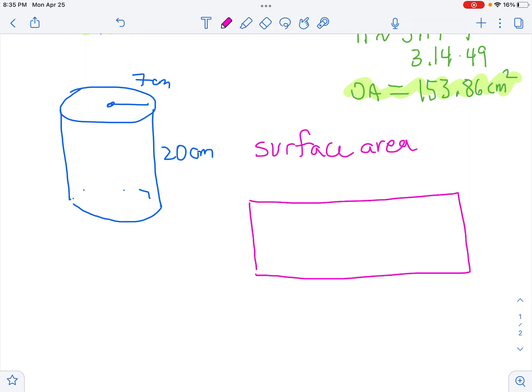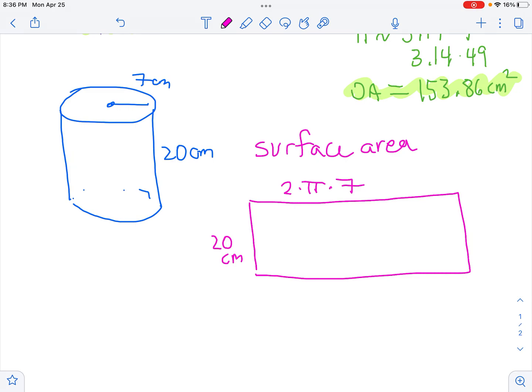So those are both 20 centimeters. And this distance is the distance around the circle, right? We've sort of cut the circle and opened it. So this distance is the circumference of the circle, right? And remember that the circumference of the circle is 2 times pi times the radius, and the radius is 7.